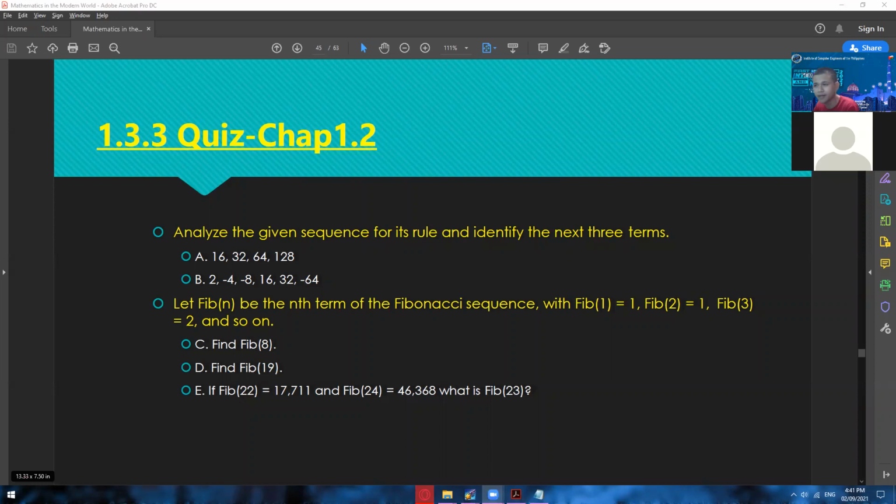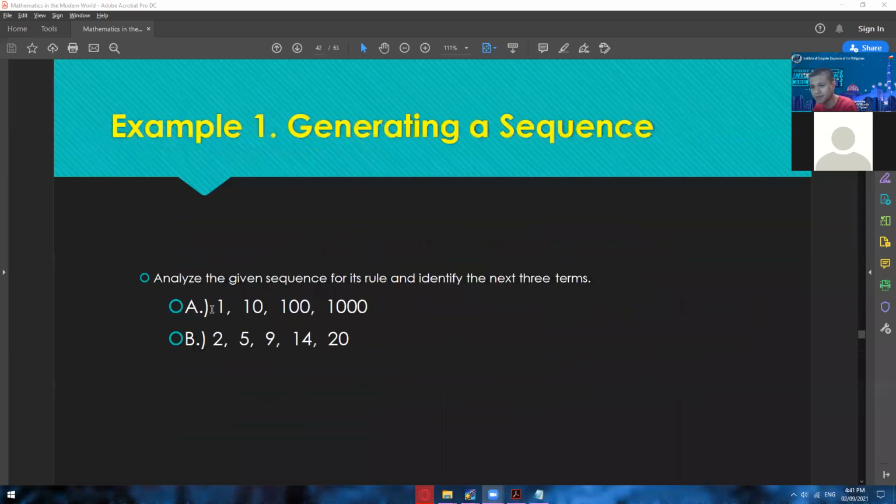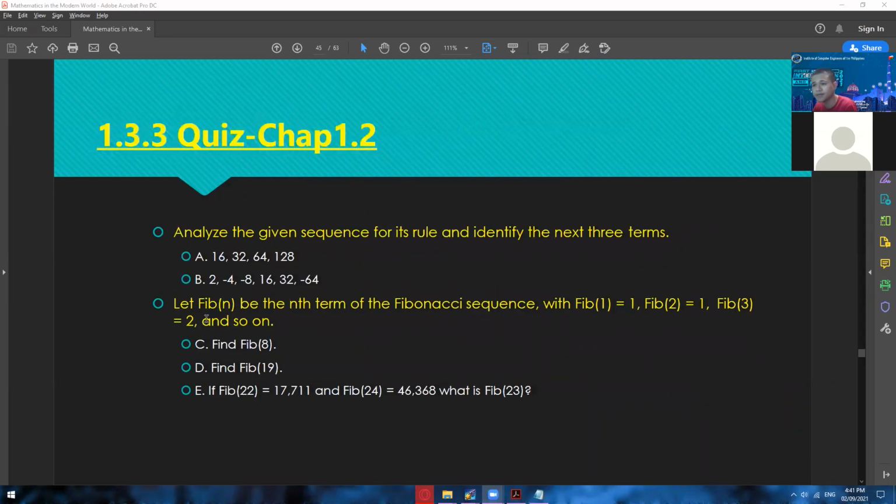Letters A and B are the same as this example right here, but for C to I, it's now a different sequence.